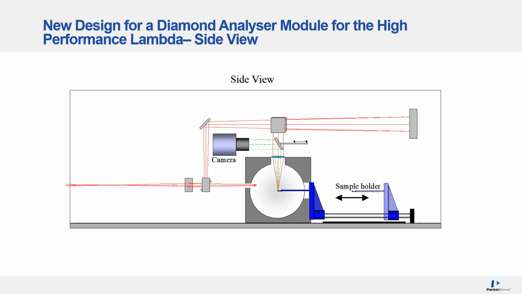Here is the schematic for the sample compartment. The sample is placed on a sliding sample holder outside of the sphere and is then inserted into the sphere. The camera module allows the gemstone to be observed and positioned accurately in the beam.